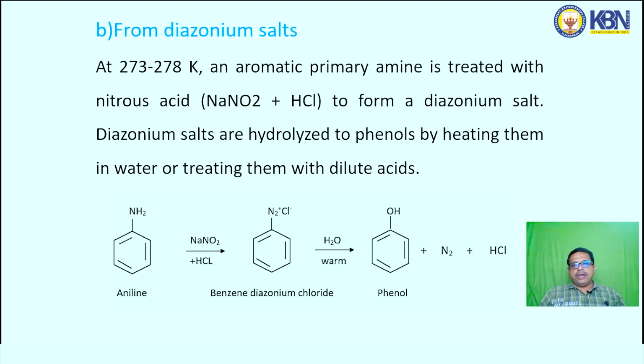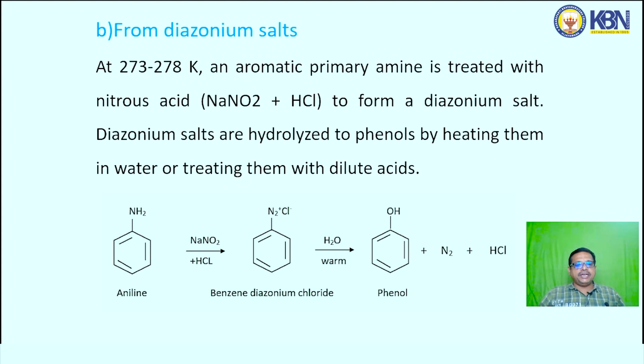So here the primary amine is aniline, where the aromatic ring benzene is linked to an NH2 group. Amines have the general formula RNH2 or ArNH2. Aromatic primary amine means the NH2 group is directly linked to the aromatic compound. In the first step, aniline reacts with nitrous acid.